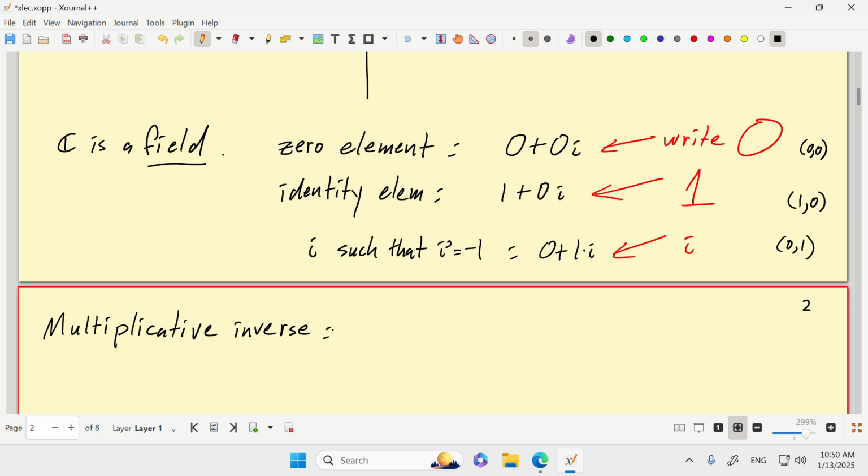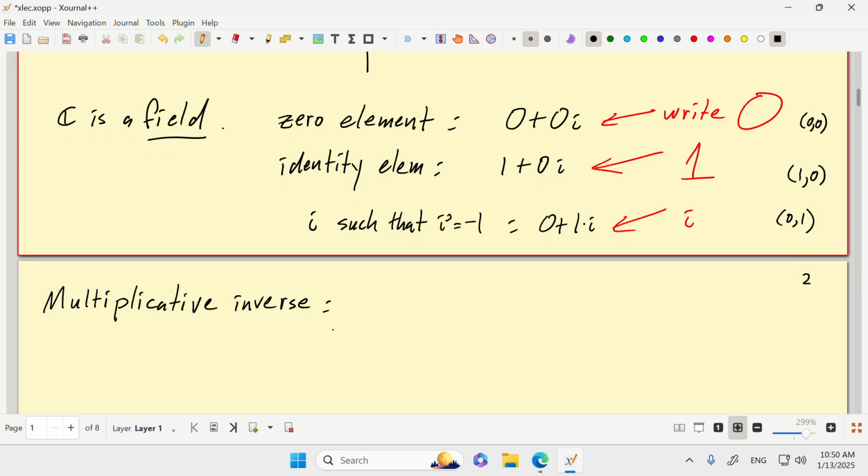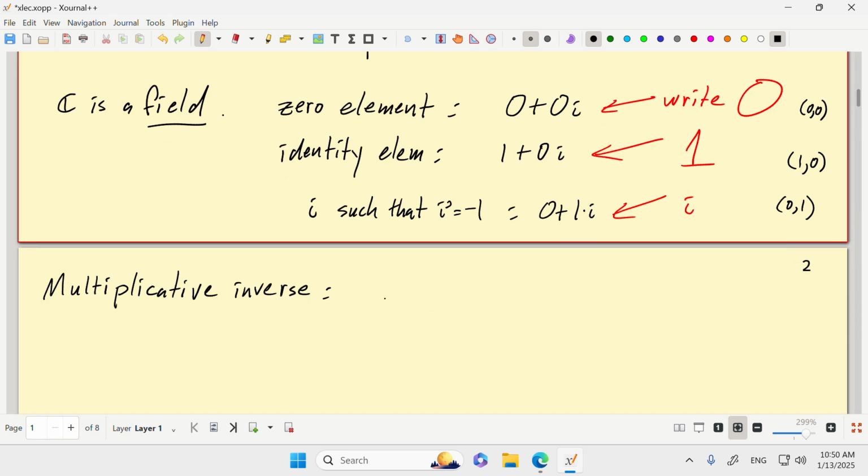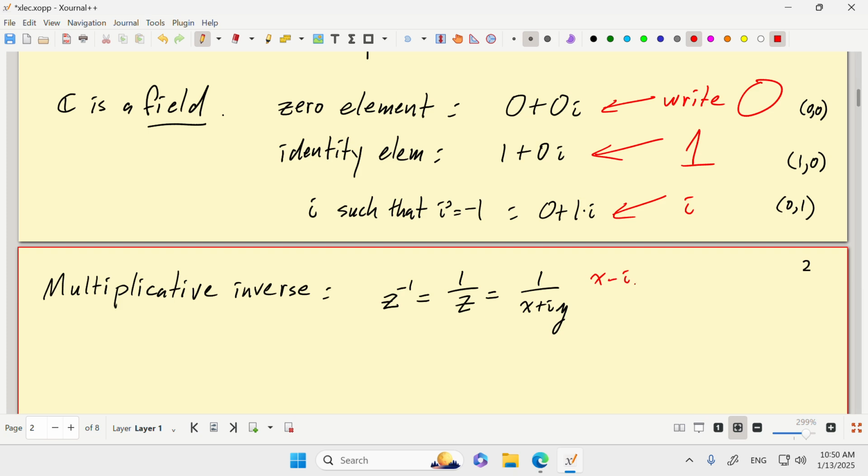Let's see, you learned how to do this in junior high. The multiplicative inverse of the complex number z, we write 1 over z, and let's say z is x plus iy. Then you learned in junior high to manipulate that. You multiply the top and the bottom by the complex conjugate of the denominator.